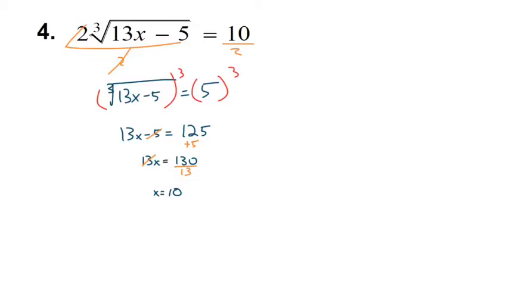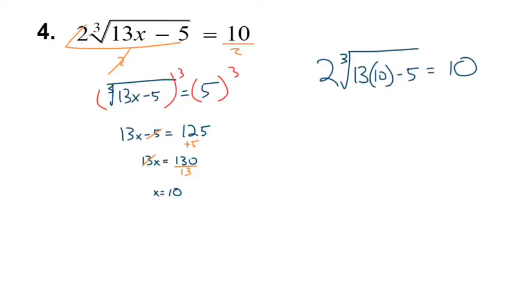Again, just to check it, we've got 2 times the cube root of 13 times 10 minus 5 equals 10.